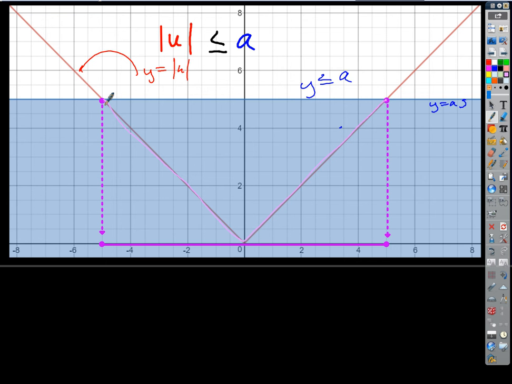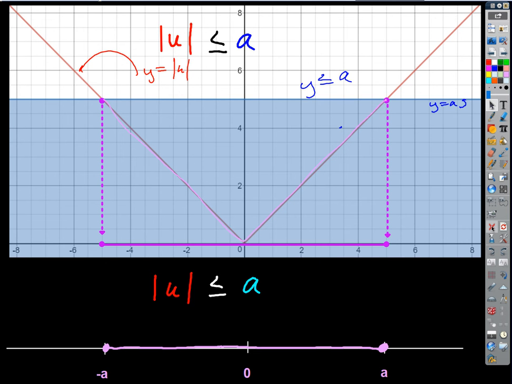We just want the x values where they're intersecting. So what if I take that part of the V and I squash it onto the x-axis? Because I just want the x values where that's happening. Wouldn't you agree that's just the x values between the two endpoints, right? It's not just positive a and negative a this time, it's everything in between also, right?